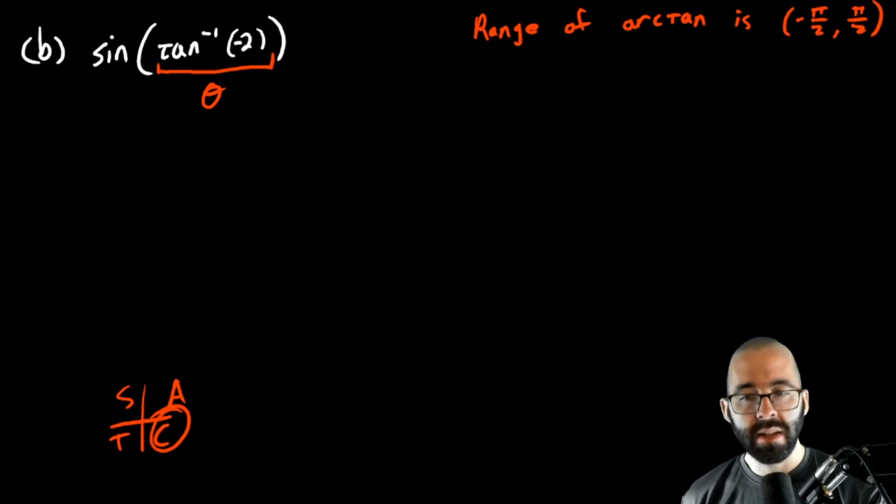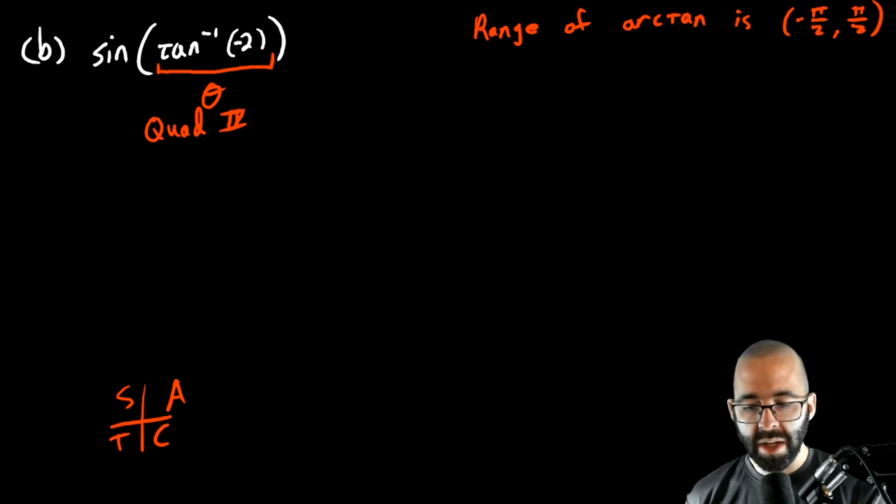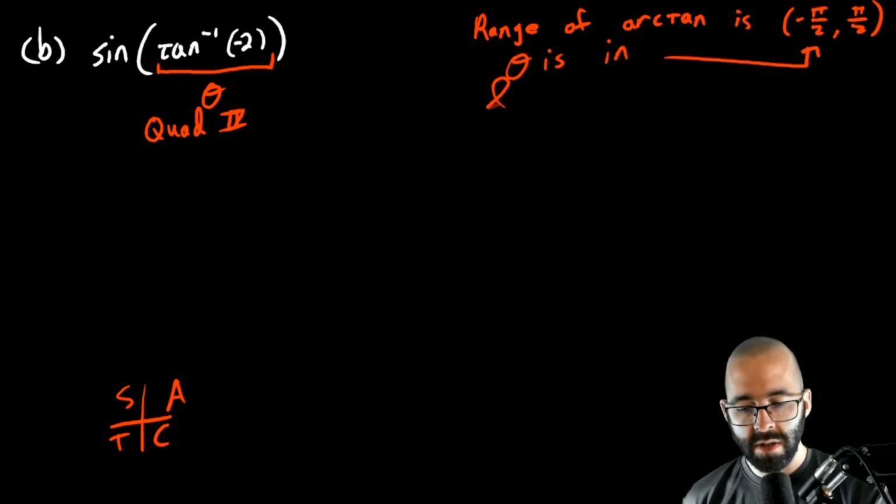Well, it has to be fourth quadrant. Right? The reason quadrant 4 is because it has to be in this range and it has to be negative. Theta is in this range and tangent of theta is negative.